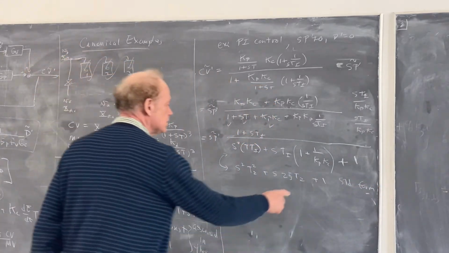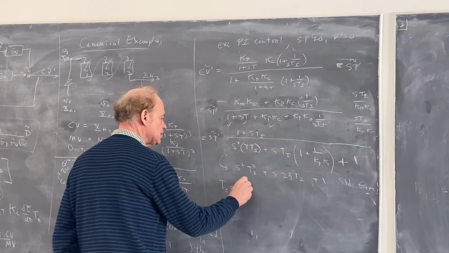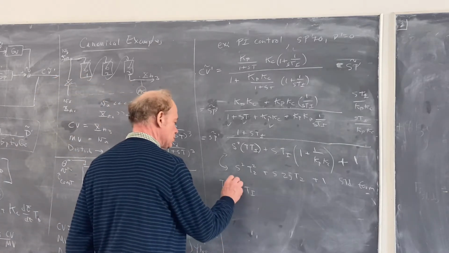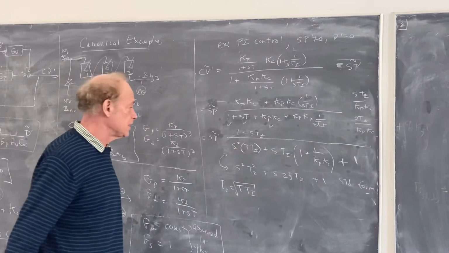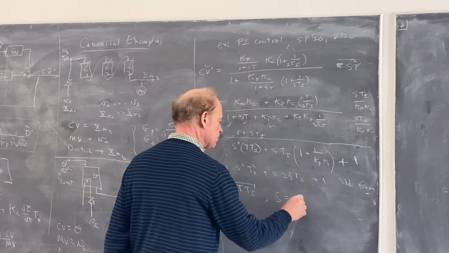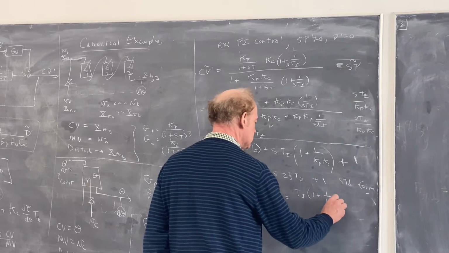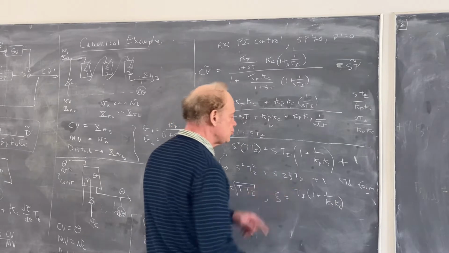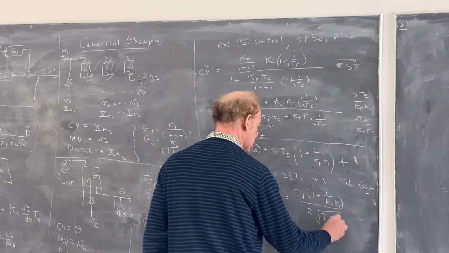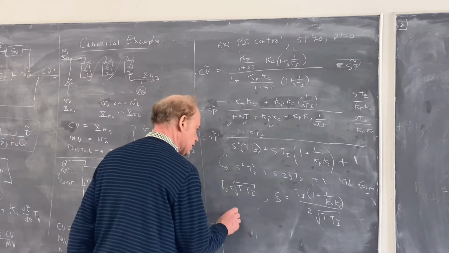So, well, the ones look the same. And notice this tells me that tau is just the square root of T Ti, because tau squared was equal to this. And zeta should be equal to this thing. So it's Ti times 1 plus 1 over KC, divided by 2 tau, divided by 2 square roots of T Ti. And we could simplify that a little bit.